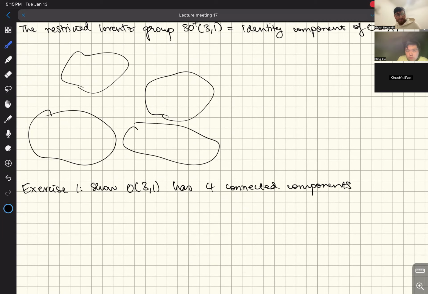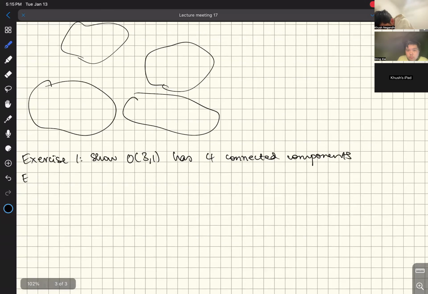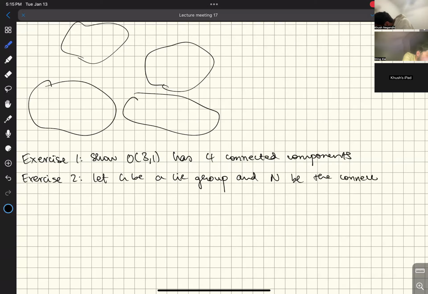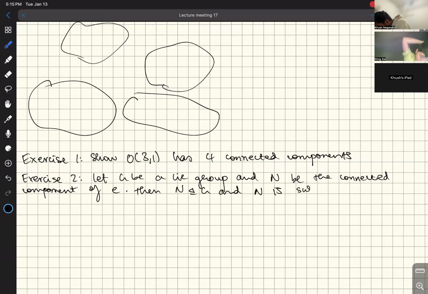Not only that, you also should show that, let G be a Lie group and N be the connected component of the identity E, then N is normal in G, and N is a submanifold.